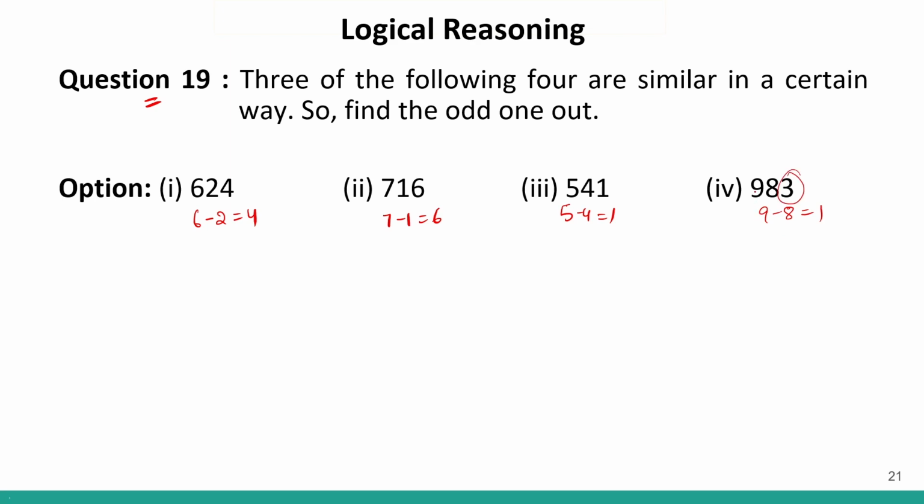But over here we have the digit 3. Therefore, this is the only odd one out. Rest everyone follows the logic that A minus B is giving us C. So these numbers are basically A, B and C. But this logic is not being followed in option number 4. Therefore, this is the odd one out.